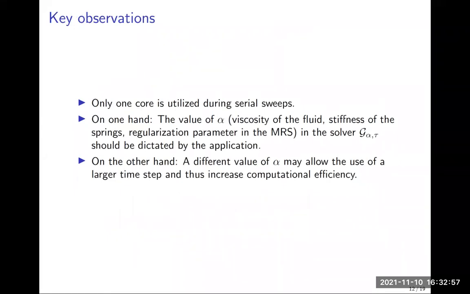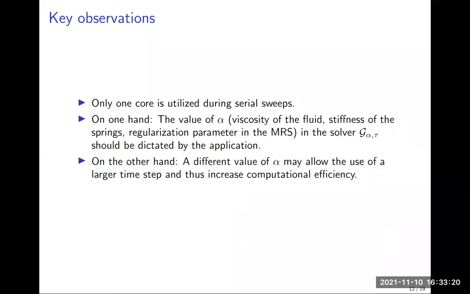So we make the following observations, which are very important for the development of these new solvers. The first observation I've already made: only one core is utilized during serial sweeps. Okay, so that seems like a waste. We would like to take advantage of all our cores, right?